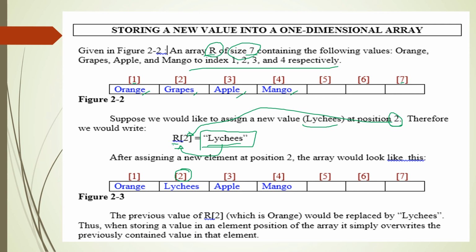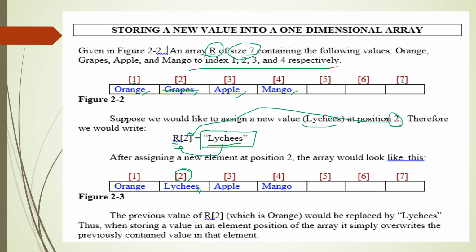From orange, grapes, apple, and mango, when we execute this assignment statement, lychees will be stored at index 2. As you have noticed, the grapes disappeared. Actually, it is replaced by lychees. So, it is overwritten.